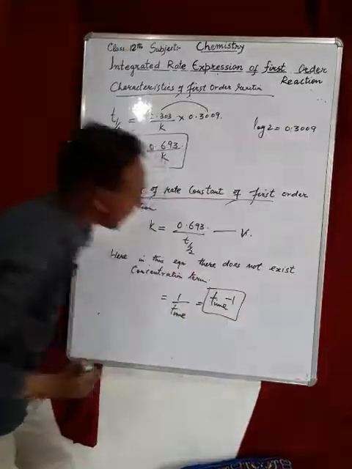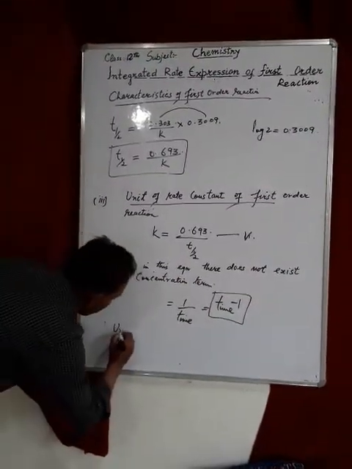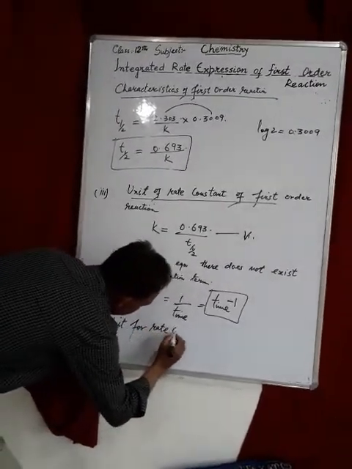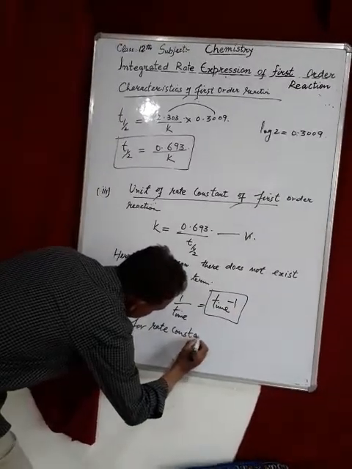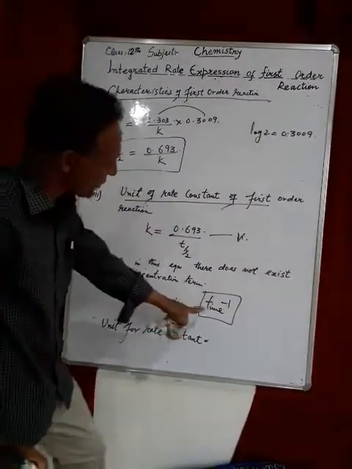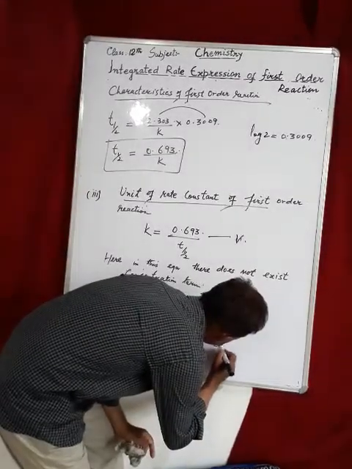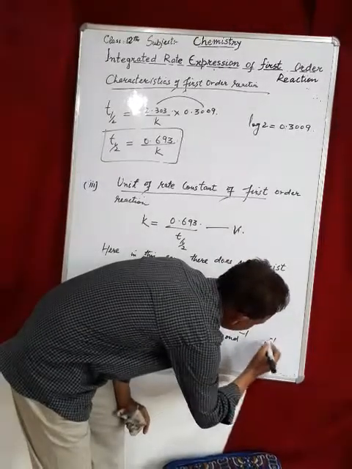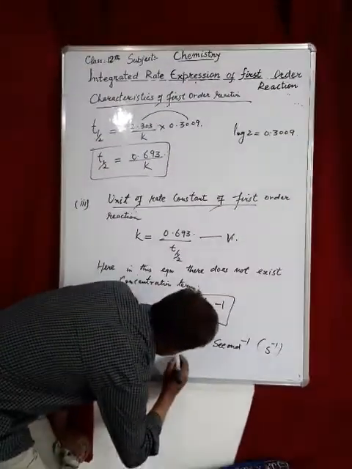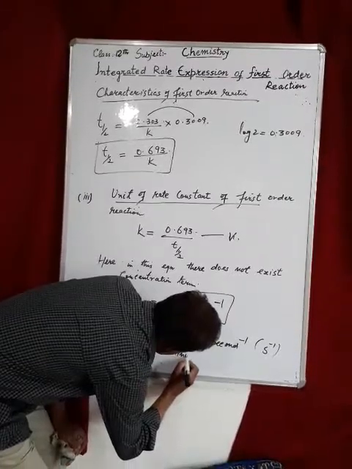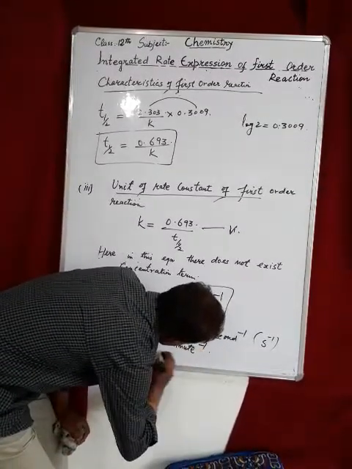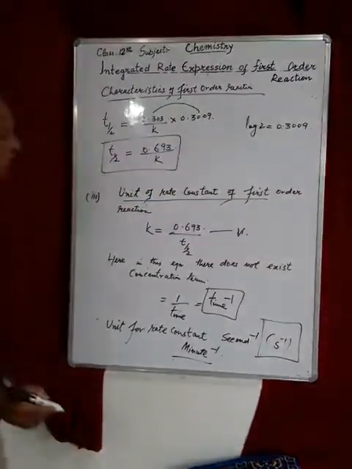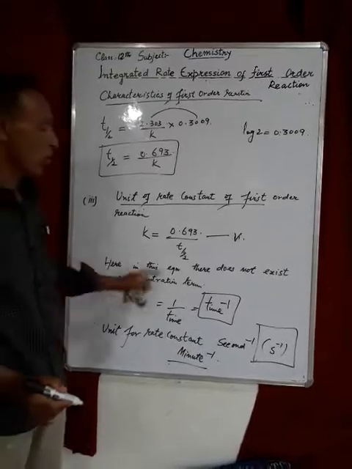So the unit for the rate constant is, in SI units, where we express time in seconds, second inverse or s inverse, or sometimes minute inverse. This is the SI unit for the rate constant of the first order reaction.